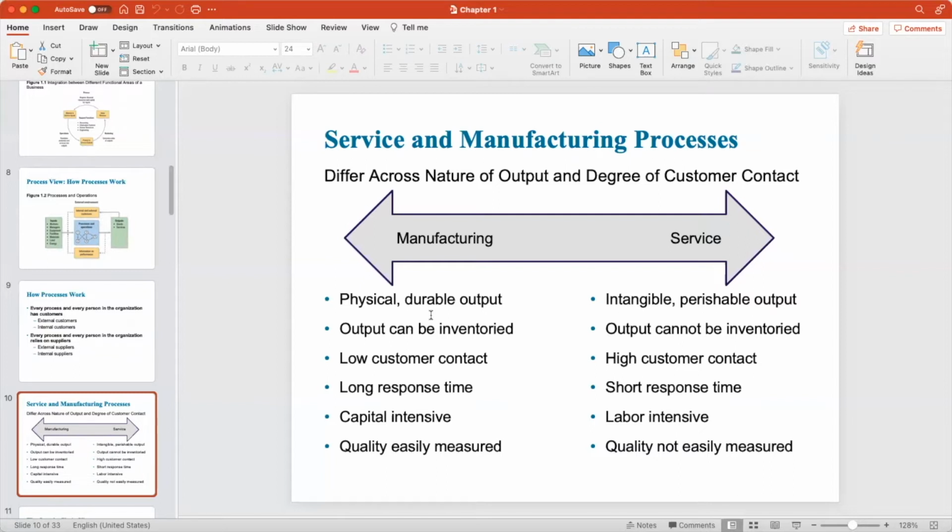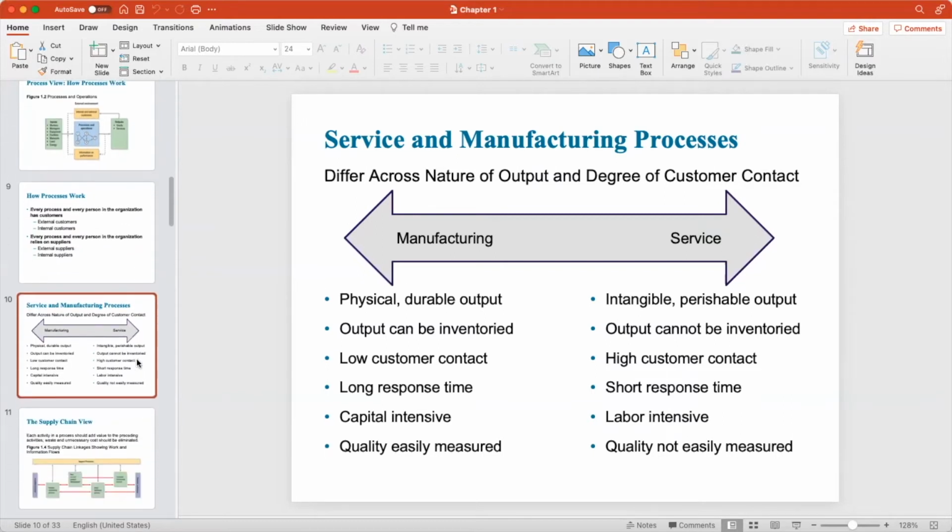It requires a shorter response time, and it's more labor intensive, which is very obvious. And the quality itself is a little bit harder to measure, because different people may have different experiences even with the same type of service. So this is a quite straightforward difference between the manufacturing process and the service process.